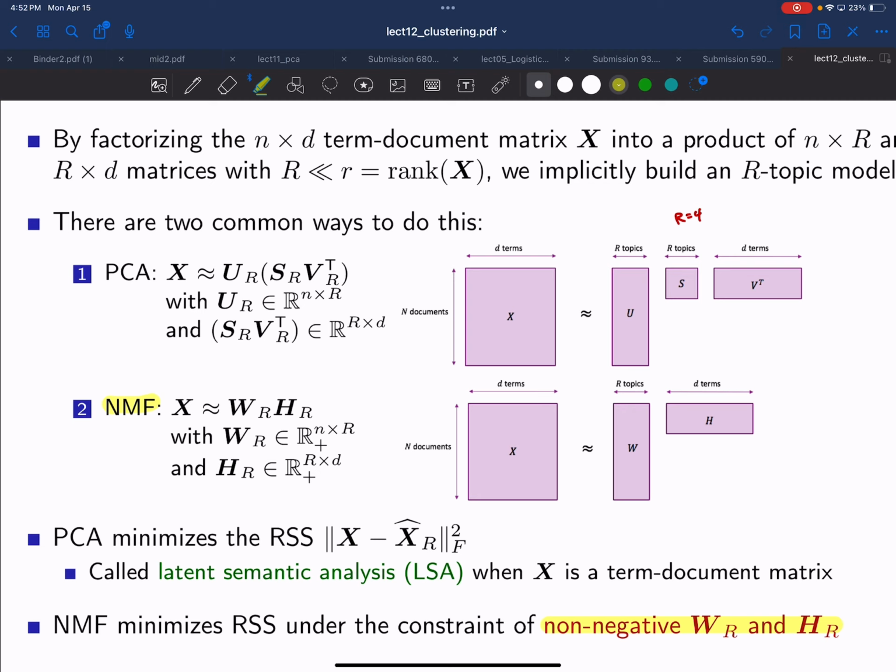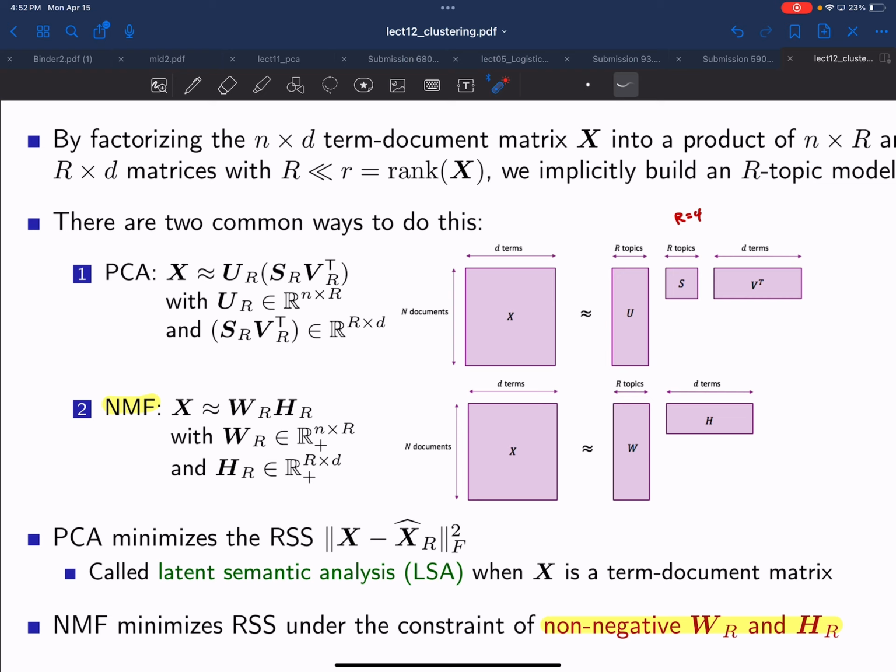So remember with PCA, there's no non-negativity anywhere. When you run this SVD, you're going to get positive and negative terms for U and V. You will get non-negative S's, but the U's and the V's will be pluses and minuses. Here, when you do NMF, non-negative matrix factorization, you get non-negative W and H. So you're putting this extra constraint on it.